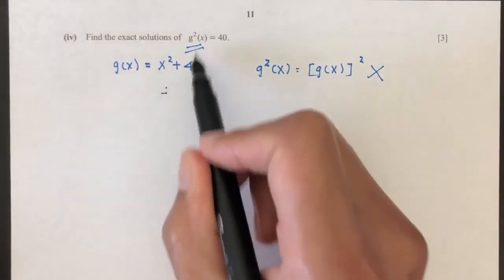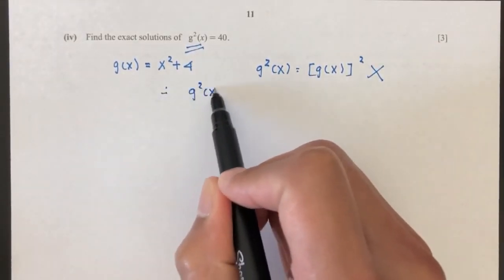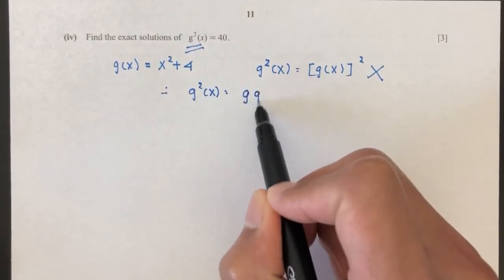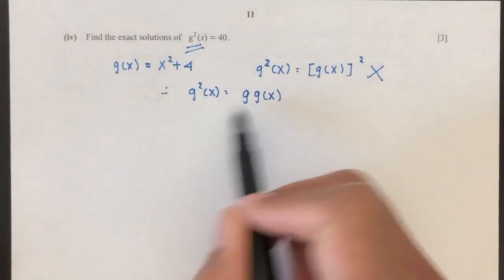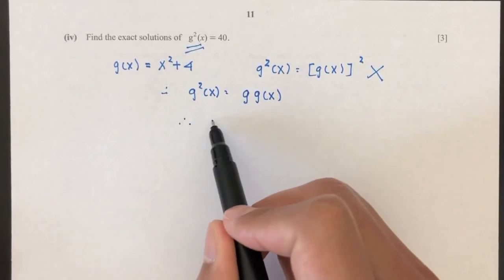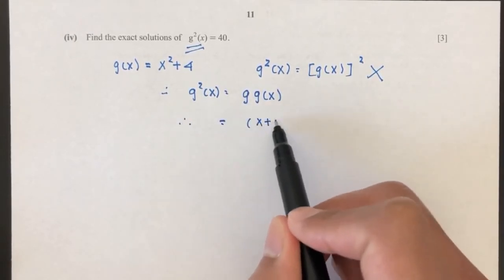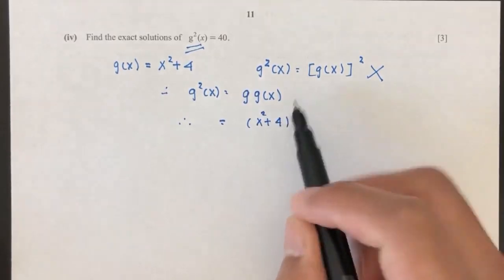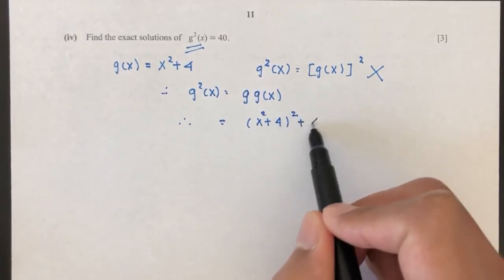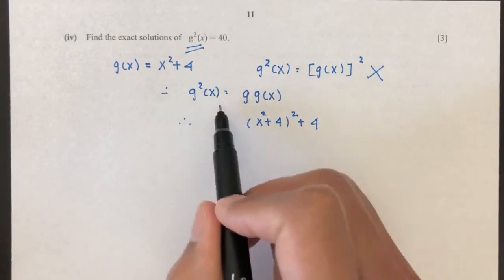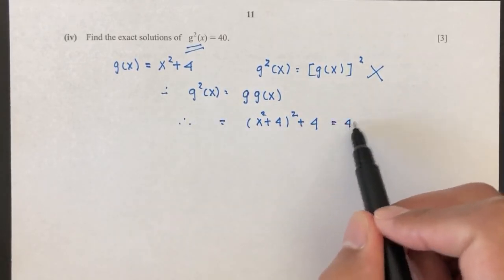So g squared of x is actually equal to g of gx. So let's do that. We will have g of gx will be (x squared plus 4) squared plus 4. That's the value of this. That will be equal to 40.